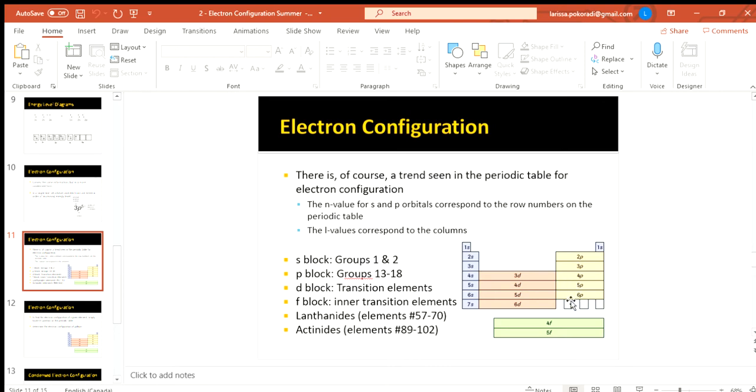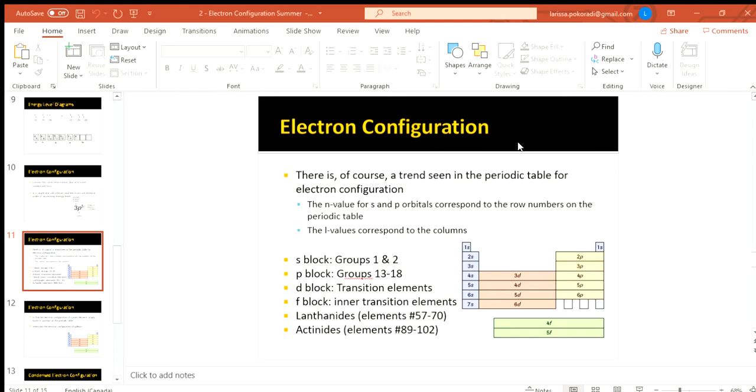And we know we have 3 different orientations of p. Each orientation can hold 2 electrons. And we said on the last slide, that means our superscript can only go up to 6. So if we went back to our periodic table, the p block is 1, 2, 3, 4, 5, 6. Awesome. Elements deep.